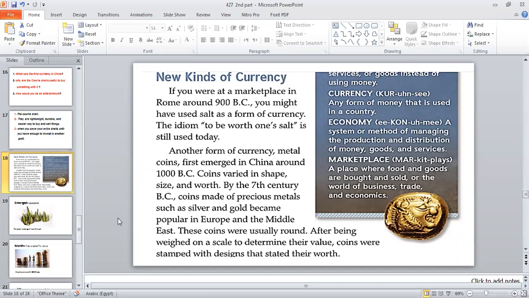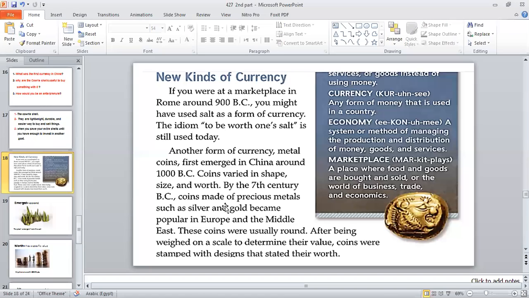Another form of currency, metal coins, first emerged in China around 1000 BC. Coins varied in shape. You know, Himdan, varied means what? They are different. They will have many different shapes.